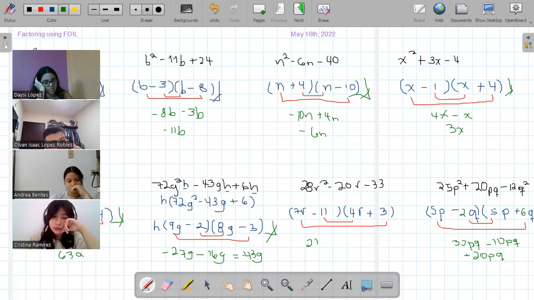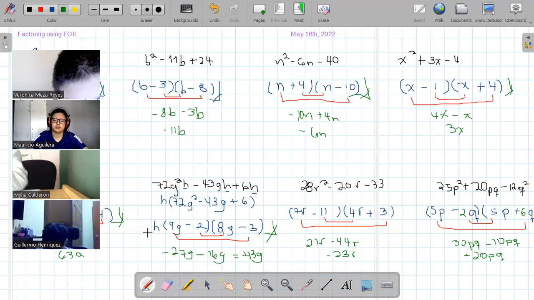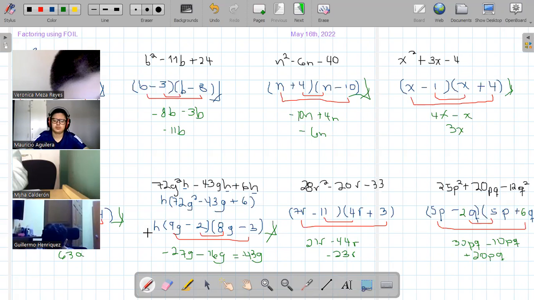Negative 11 times 4, negative 44r. 21r minus 44r is negative 23r. Do I have negative 23r? No. Almost.